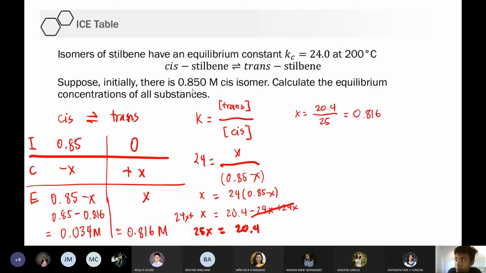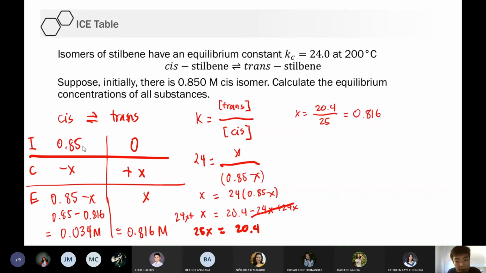In this problem, we have 0.85 for the cis, and 0 for the trans, because it doesn't mention the trans isomer. For the C change, you're going to compare the Q and the K. The concentration for the Q can be obtained from the I row.